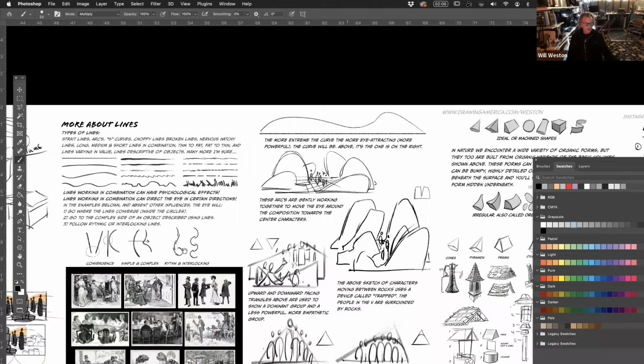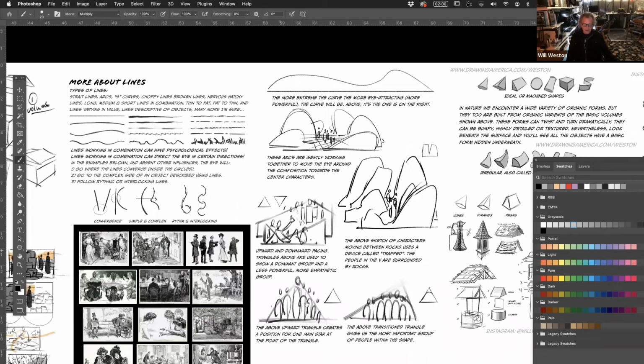Here's line work over here. Here is upward, downward facing triangles and transitioning the corner. Here I have a clear star. Here I have a group of important people, but no one star. Here, clear star. Here, these are the people we feel sorry for. This is the mob, pitchforks. These are the victims. So they'll be down like that.